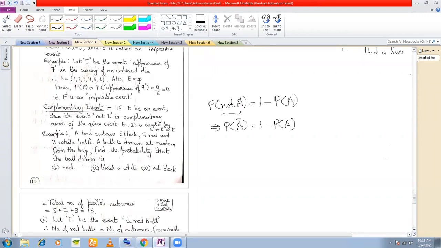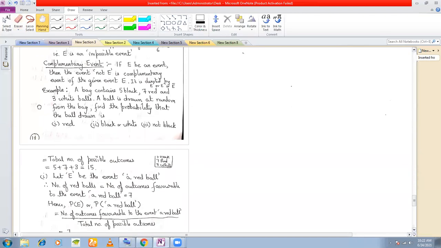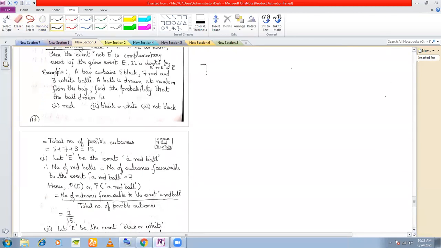Okay. Now coming to this problem. A bag contains 5 black, 7 red, and 3 white balls. Find the probability that a ball drawn is a red ball. First of all, one ball is drawn. The total number of balls is equal to 15.